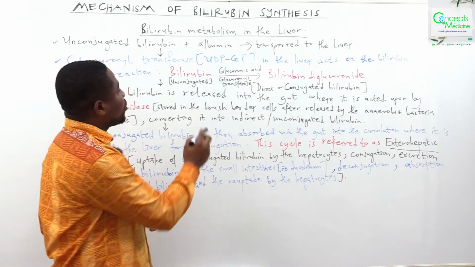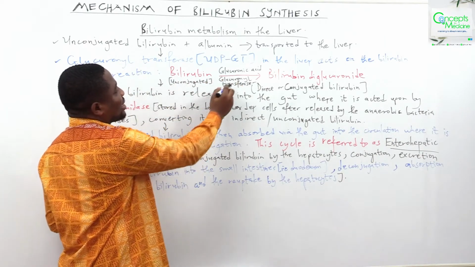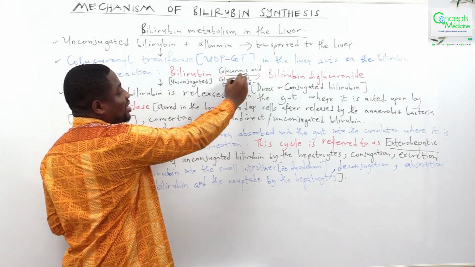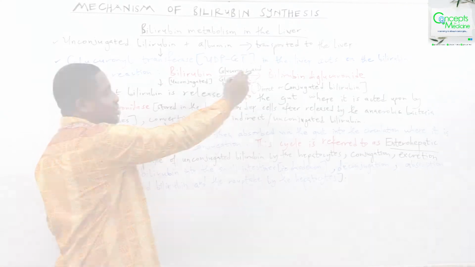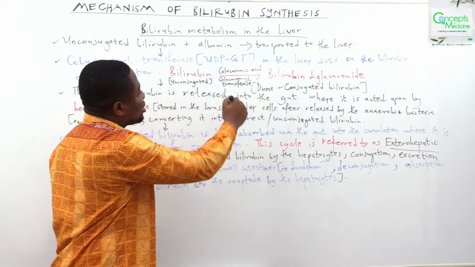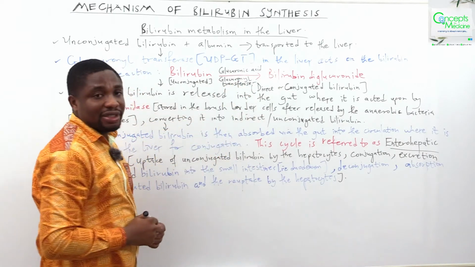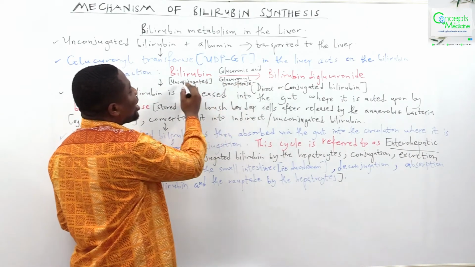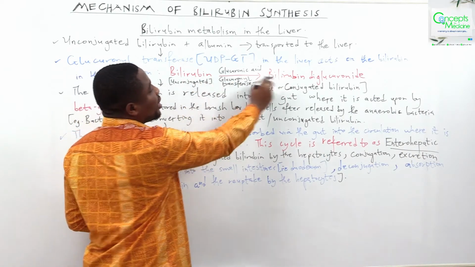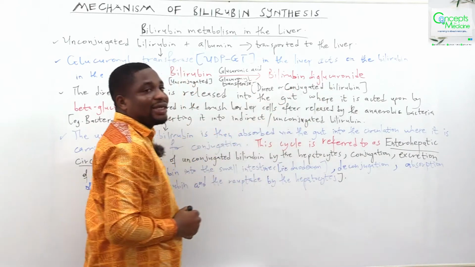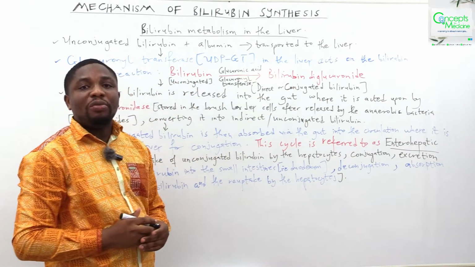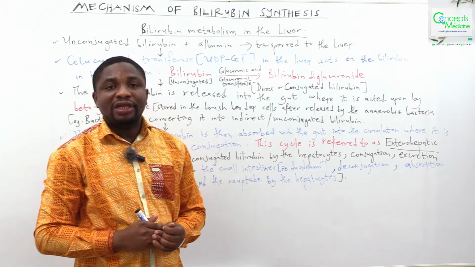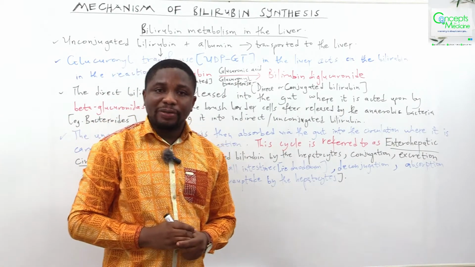With the help of glucuronic acid and the glucuronyl transferase, the unconjugated bilirubin becomes bilirubin diglucuronide. Bilirubin diglucuronide is what we refer to as the conjugated bilirubin or the direct bilirubin.